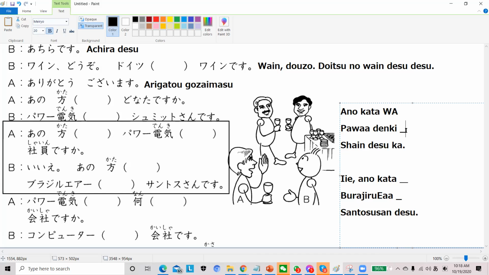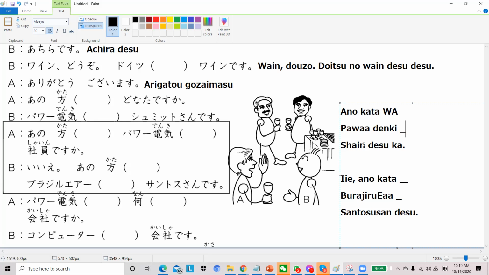Very good. What is shain? Company. Company is kaisha. Employee, right? How about kaishain? Office employee. Okay.